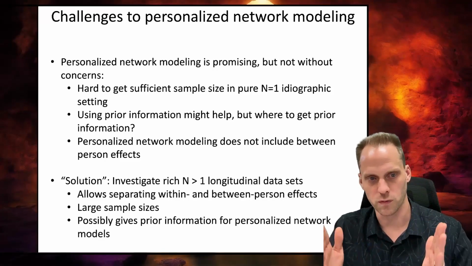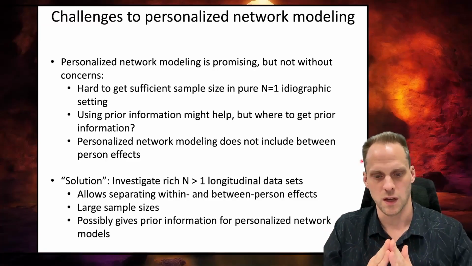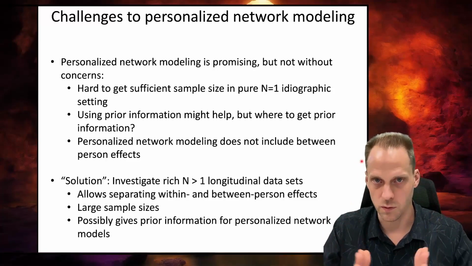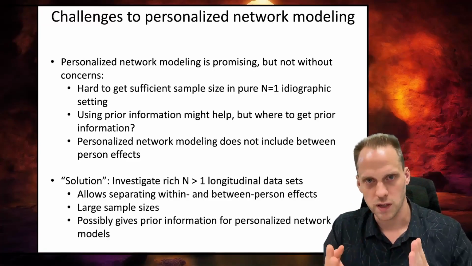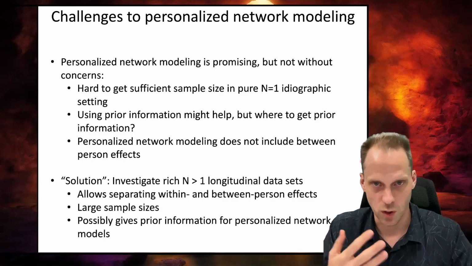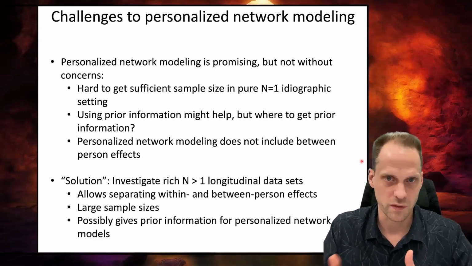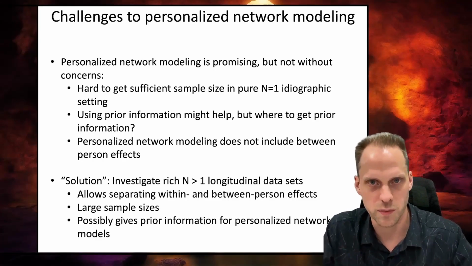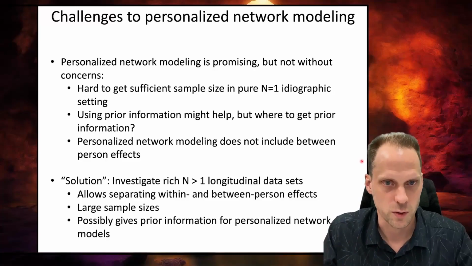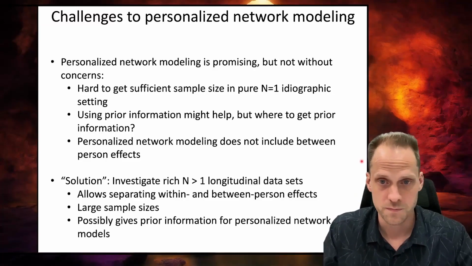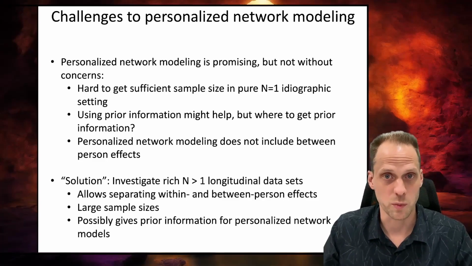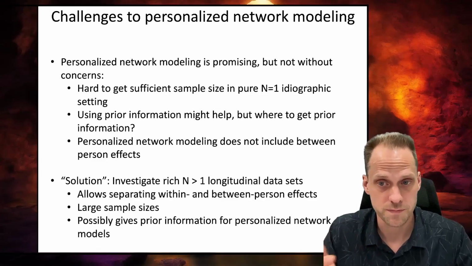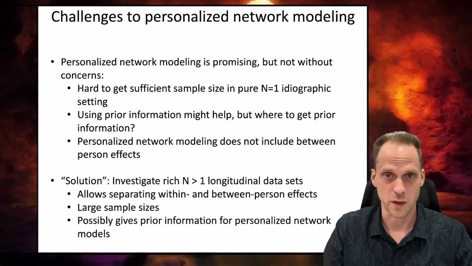So we have N more than one time series data, and we have repeated measures also of many people. If we do that, we can estimate a model that is common across people, or maybe a model for the average person, and use that as prior information or to guide your clinical practice, or simply to uncover what's happening within and between people in a set of variables. So that's what I'll talk about in the next video.